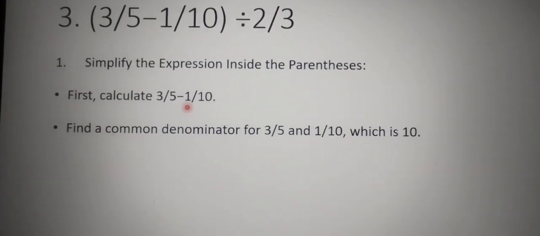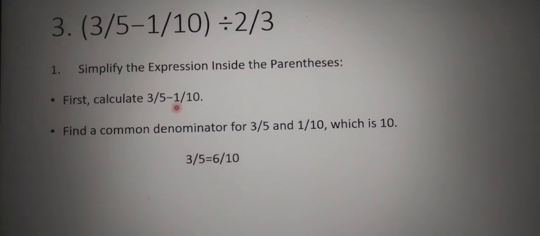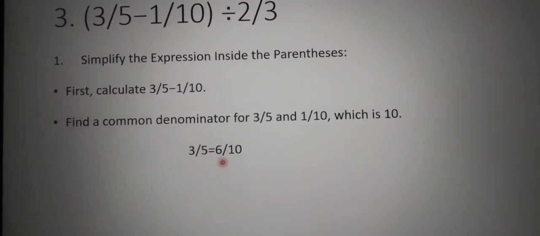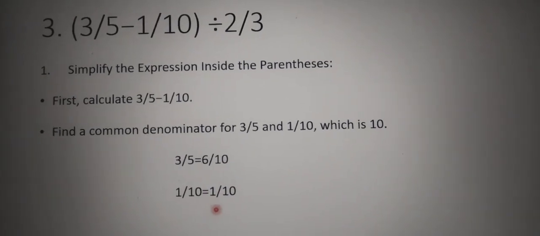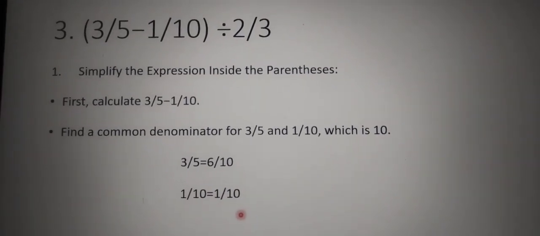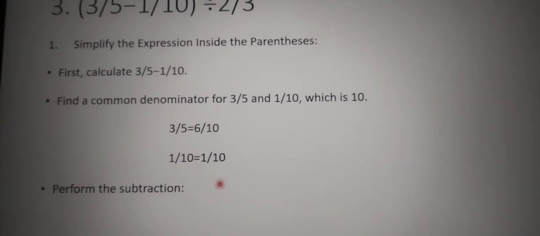Since we have found the common denominator, we're going to transform the fractions. 3/5 will be changed into 6/10, while 1/10 stays 1/10 because it already has 10 as a denominator. The next step is to perform the subtraction.